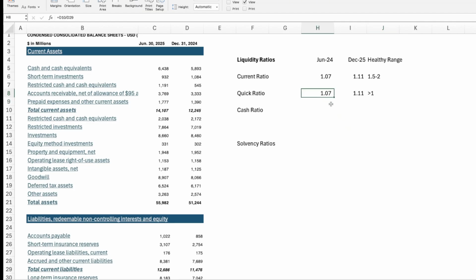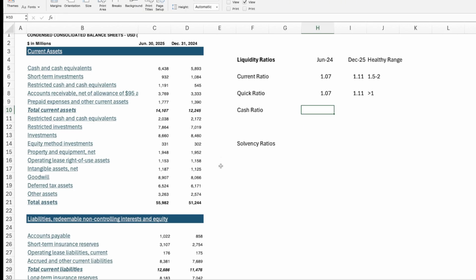As you can see, Uber's is just above 1, but it's heading in a positive direction. It's getting larger. So from that perspective, we can see that Uber is fairly safe, even if the current ratio isn't in the ideal range. But we can see on the quick ratio that it is okay.